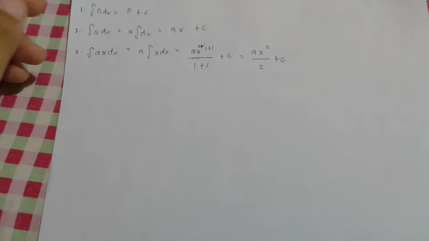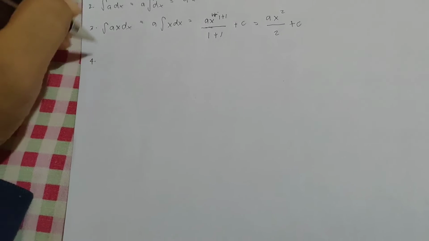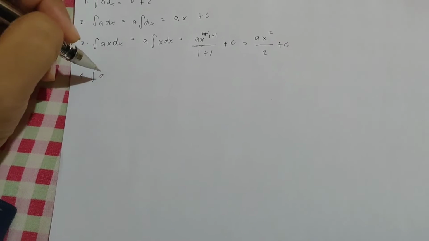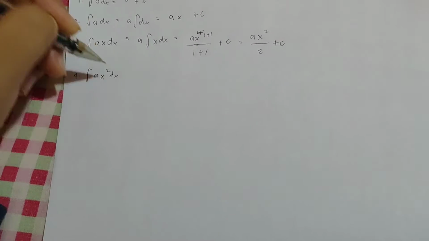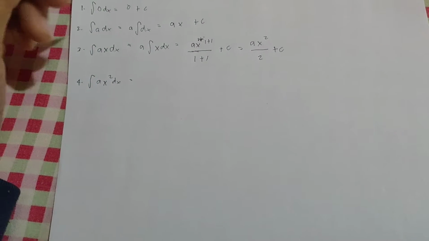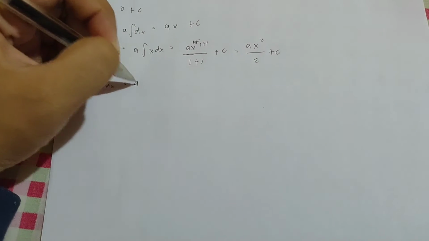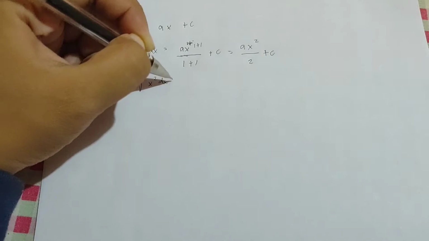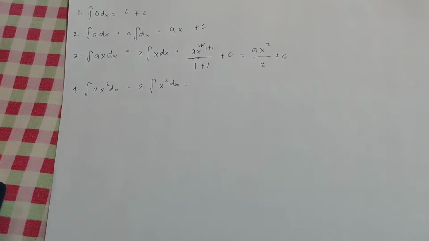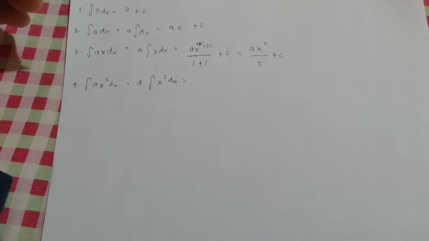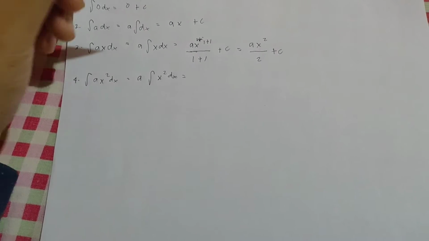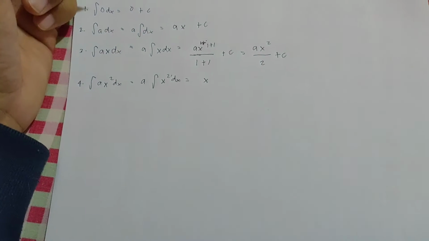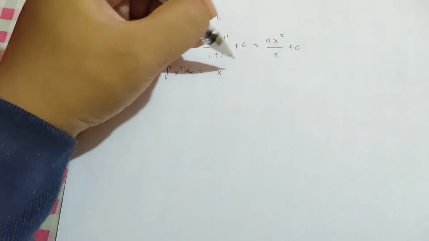That's it. Our number 4 is, let's try a x squared dx. Same process as in number 3, a x squared dx. To integrate this, we will add 1 to the exponent. 2 plus 1 is 3, right?